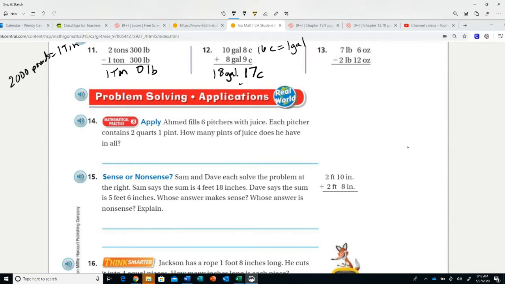Technically, it is subtraction with some regrouping. So I'm going to take 16 cups out of here. I'm going to get left with 1 cup. And this 16, I'm going to bring as 1 additional gallon over here and add it. So at the end of this problem for number 12, you should have 19 gallons and 1 cup.